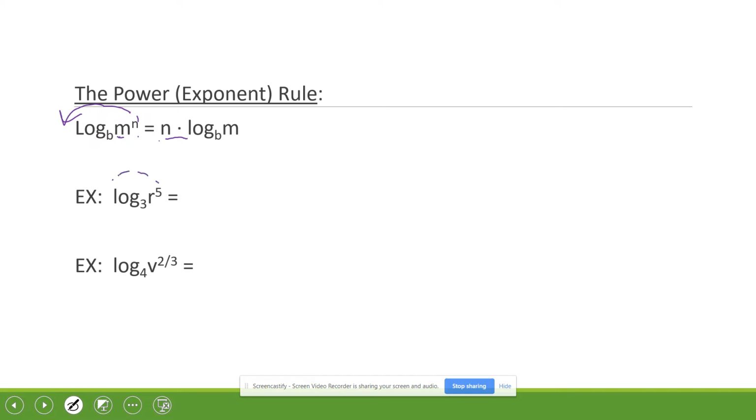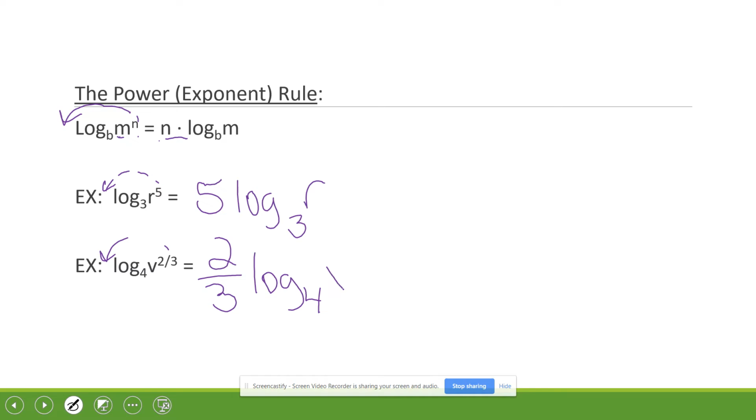So in our first example, this 5 is an exponent. It's going to drop down to the front, so it's 5 times log base 3 of r. The 2/3 is an exponent. That drops down to the front, so we have 2/3 times log base 4 of v.